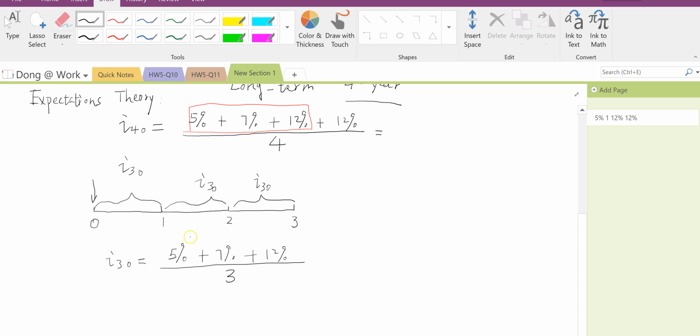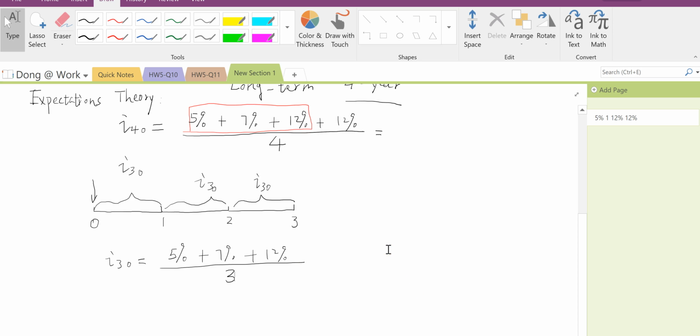So that's basically what this expectation theory says. The annual interest rate for a long-term bond is the average of the interest rates of 1-year short-term bonds. So that's what basically this expectation theory says.